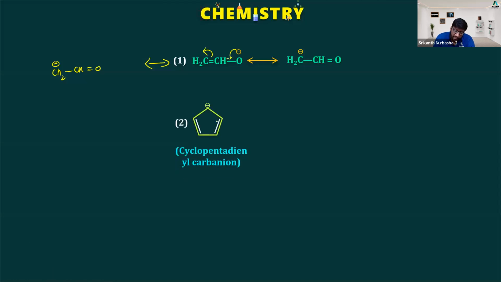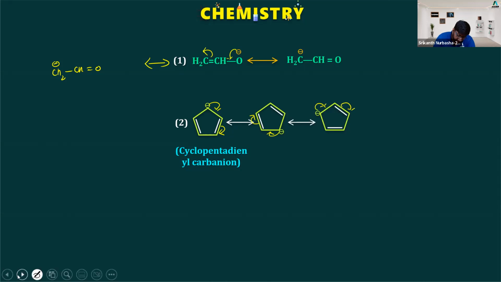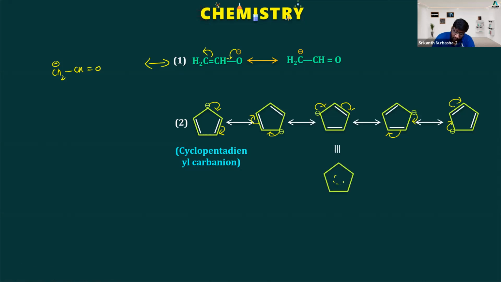This is the negative charge cyclopentadienyl carbanion. The negative charge can come into pi electron density and move away, generating this type of structure. Again, the negative charge can come into pi electron density and move away, subsequently. Finally, the pi electron density is completely moving away, and you have the negative charge at one of the carbon atoms. So you will get all types of resonance structures.